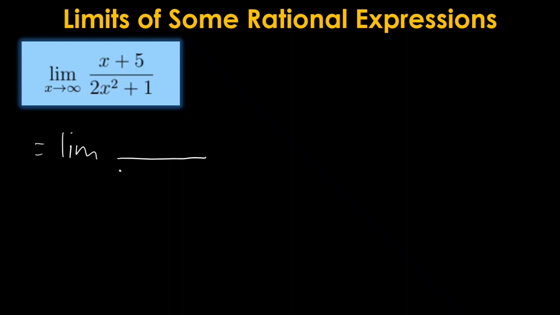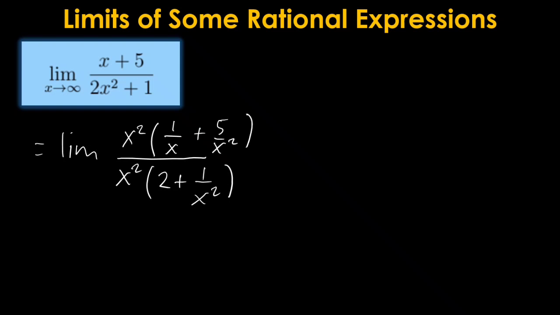This will become 2 plus 1 over x squared. You can return it, that's 2x squared, then plus 1. Here you factor the same thing, x squared, and this now becomes 1 over x plus 5 over x squared, as x approaches infinity. You can return it, gives you x, gives you 5.